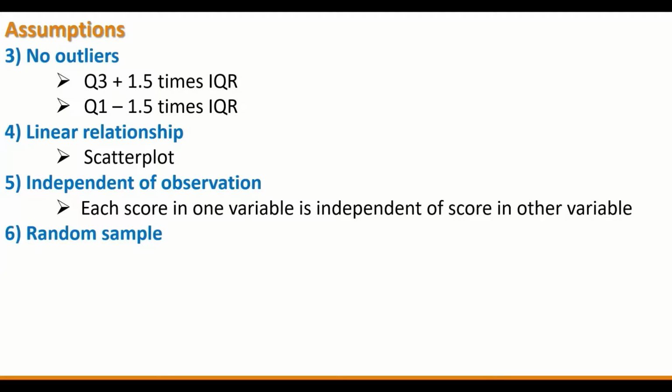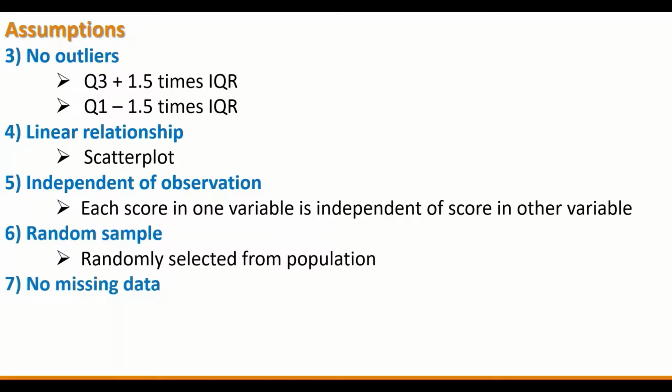Another condition to meet before using the Pearson correlation is that your sample should be random and randomly selected from the population. Another assumption is that you should not have any missing data in your variables. You have scores for both variables.